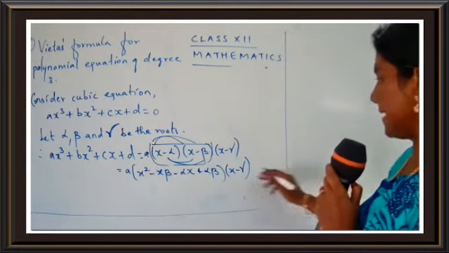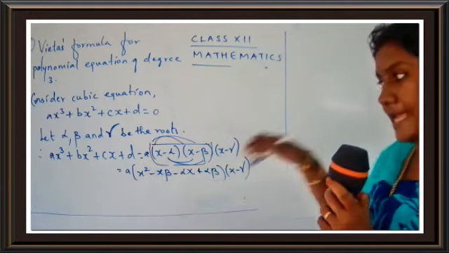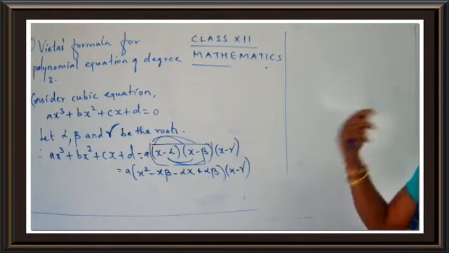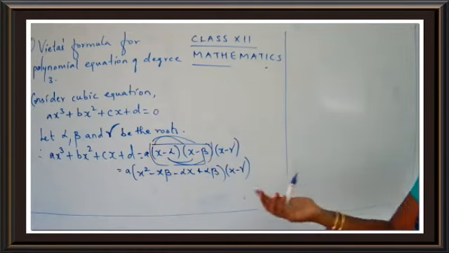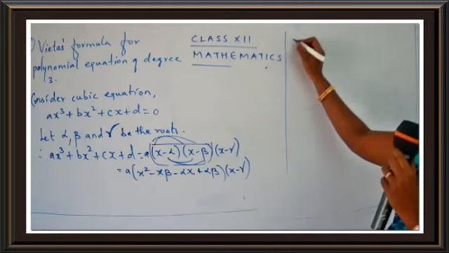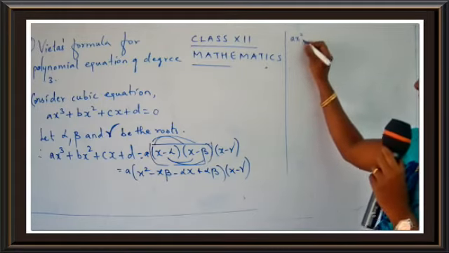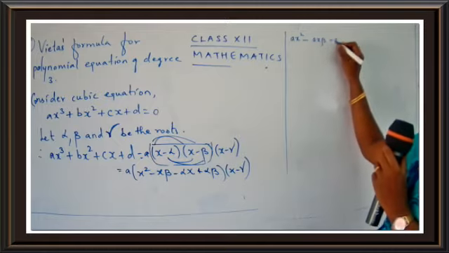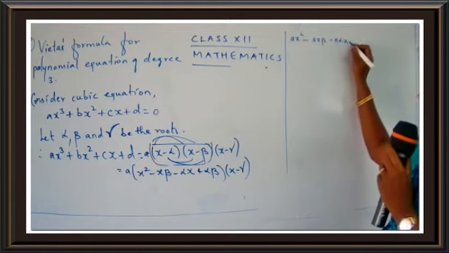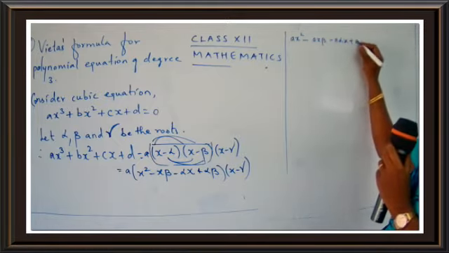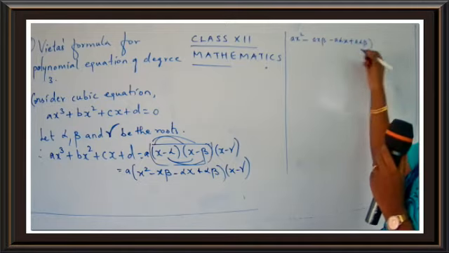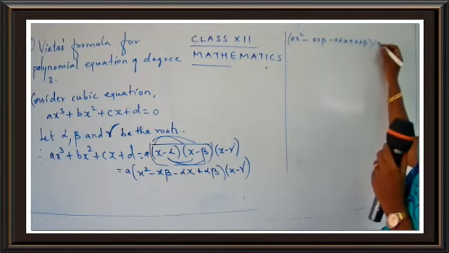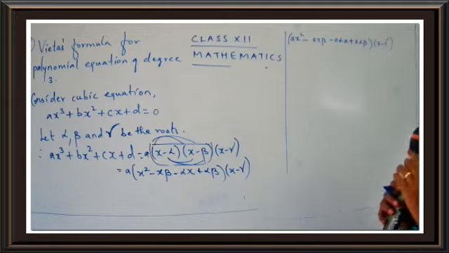I'll just take this part together, children, and multiply it with this a first. It's your choice, you can go with any combination. I'll just take the first combination. So I'll get ax square minus ax beta minus a alpha x plus a alpha beta, into x minus gamma. Getting my point?